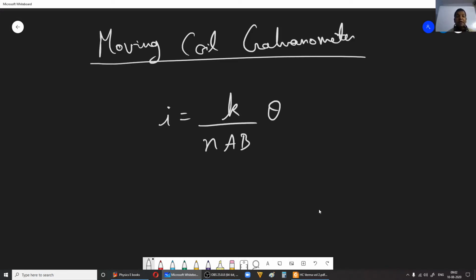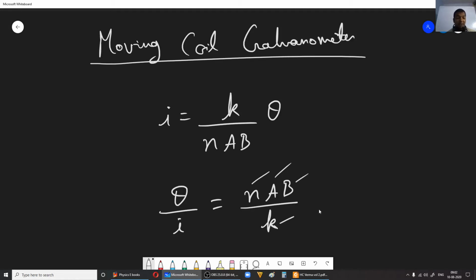Now theta divided by I will always be NAB divided by K: number of turns, area of the loop, magnetic field, and K is the torsional spring constant, if you remember.